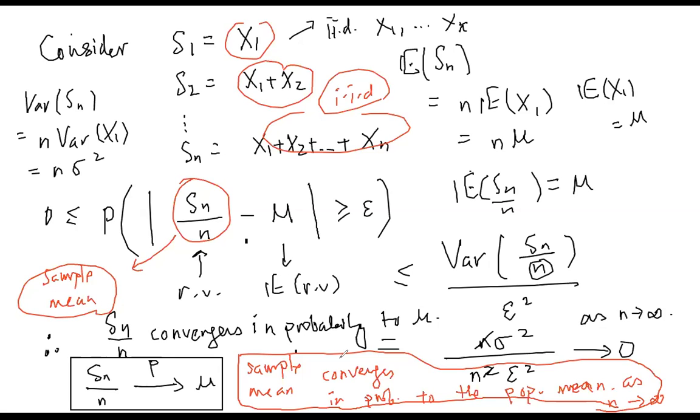All right. So this is convergence in probability, and the last one is convergence in distribution.